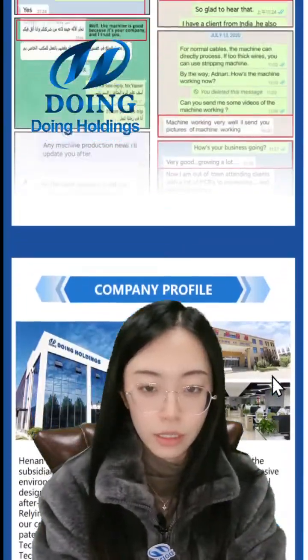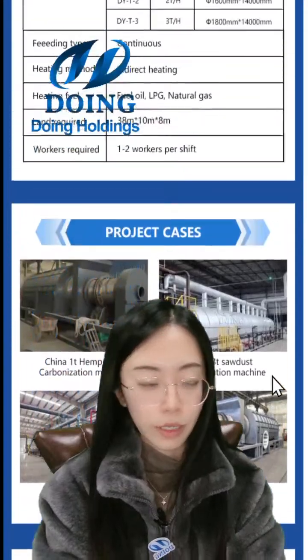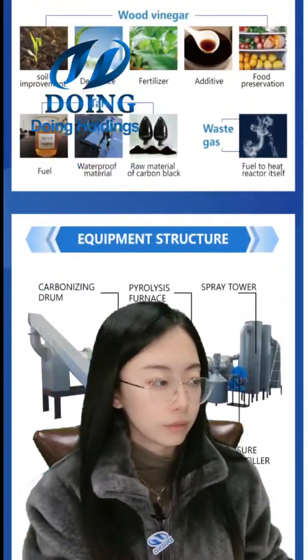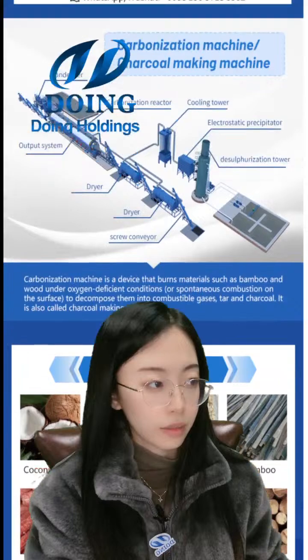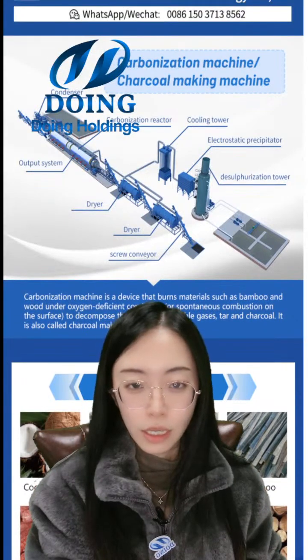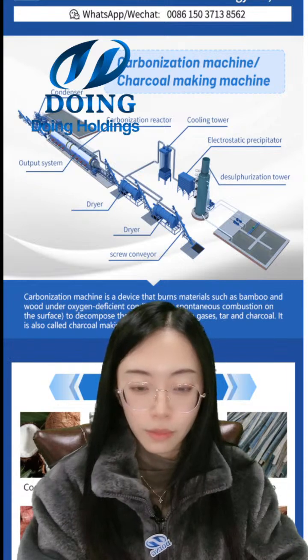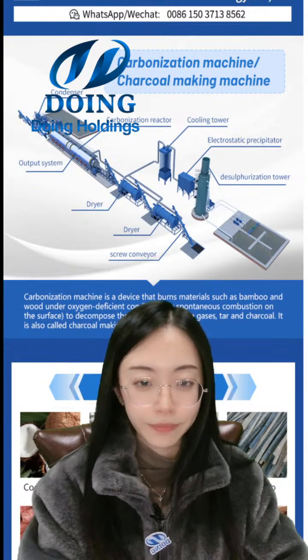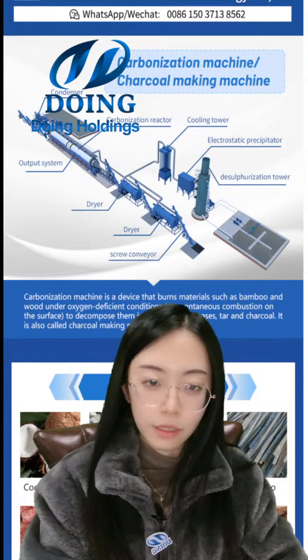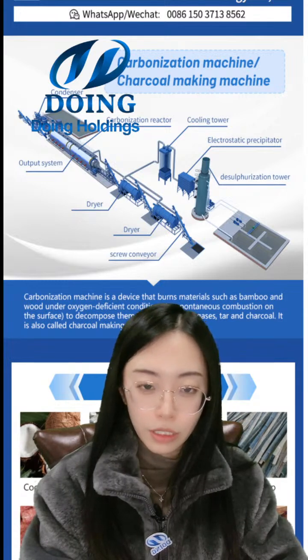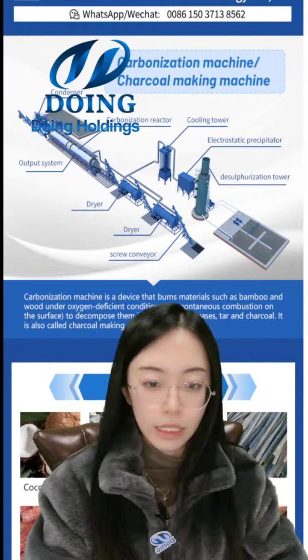Welcome our friends. We are Doing Holdings, the manufacturer of waste tire and waste plastic carbonization furnaces, and also the economic carbonization furnace. And also we have the crushing and separation system for e-waste.